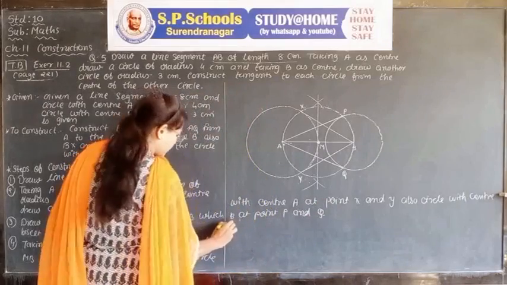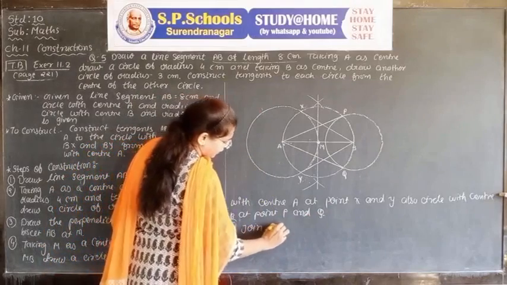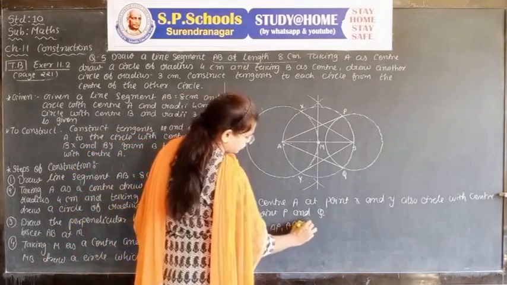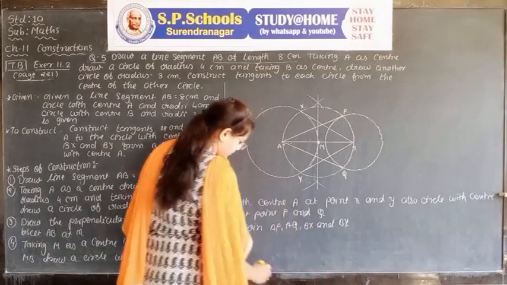The next step is the fifth step. Join AP, AQ, BX and BY.